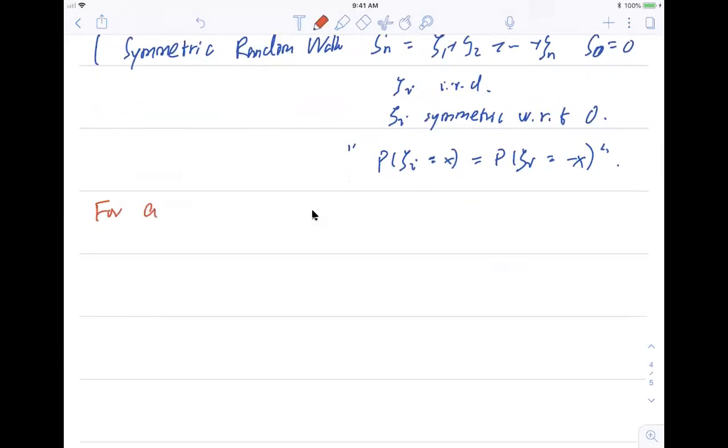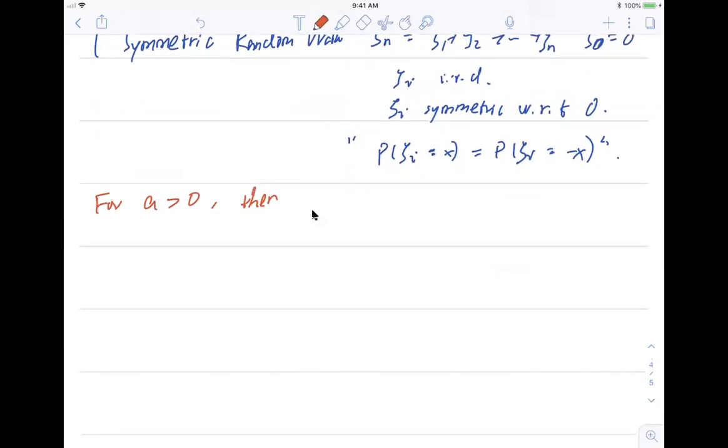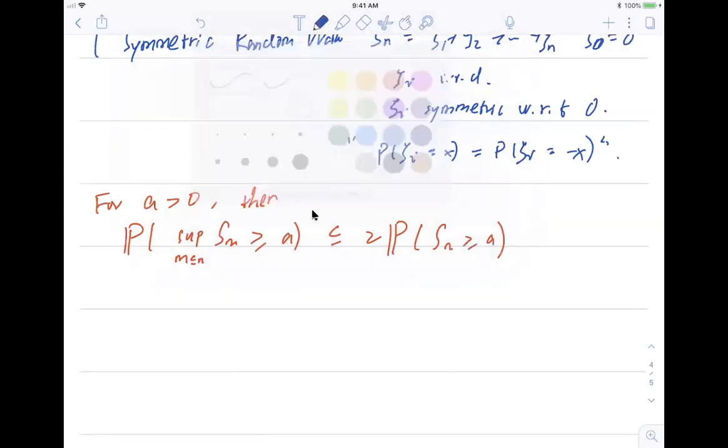This is a statement for a bigger than 0: the probability of the supremum over m less than or equal to n of Sm being bigger than a is less than or equal to 2 times the probability that Sn is bigger than a. Here you can take a to be strictly positive, but this really doesn't matter.